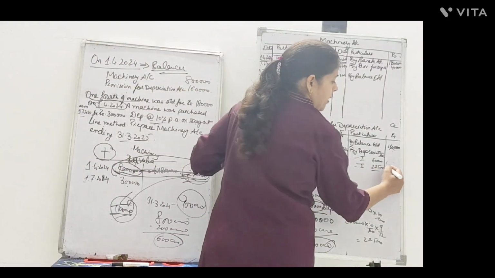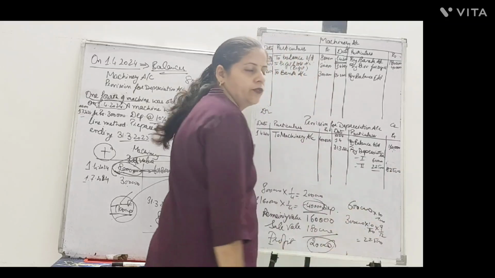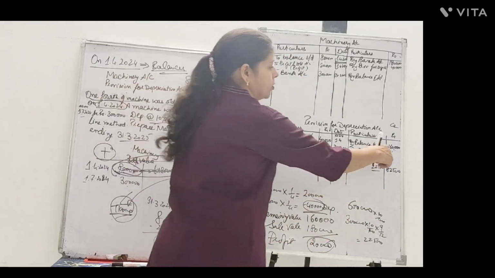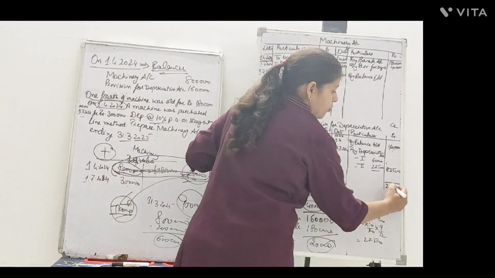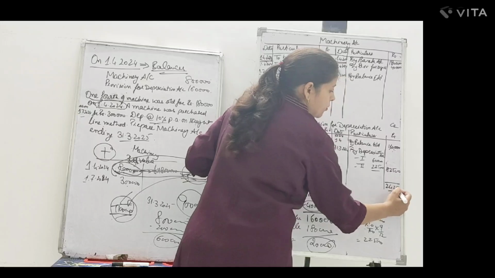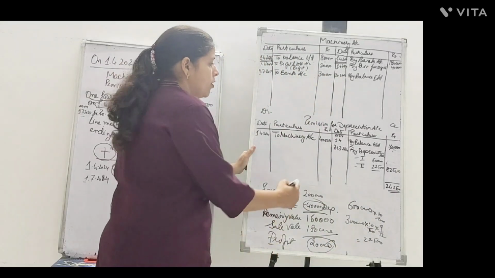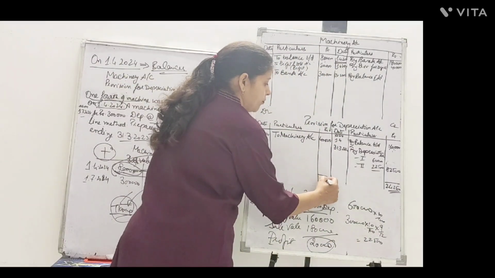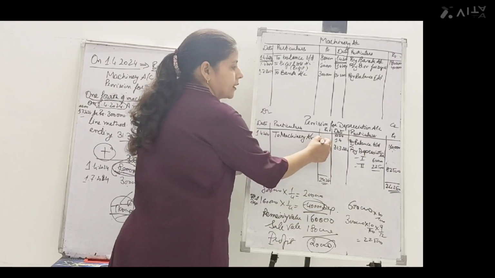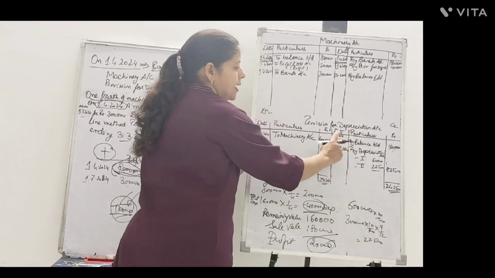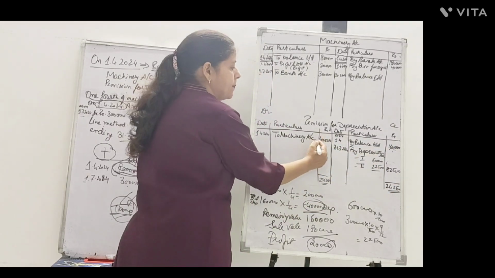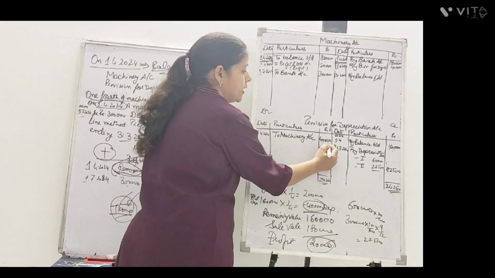So what is the total of depreciation? 82,500 here. Now make a total. This total comes to 2,42,500. From the 2,42,500 total we deducted 40,000. This total less 40,000, what is the balance left for the machinery?